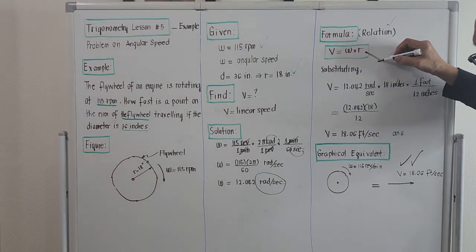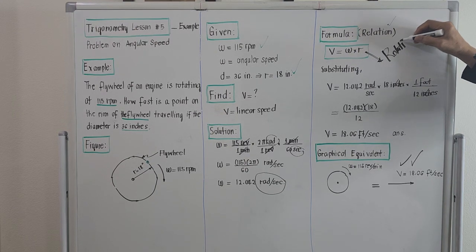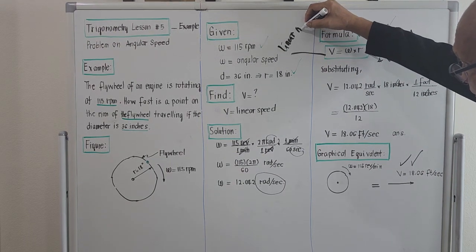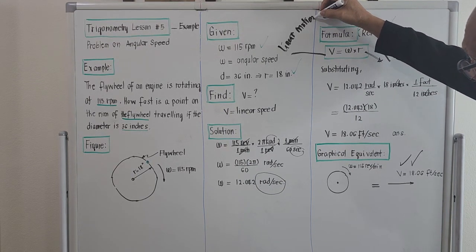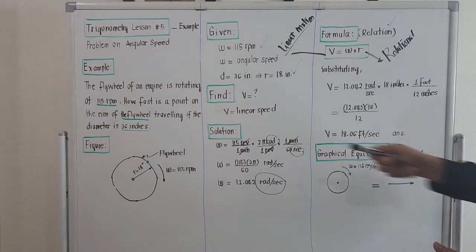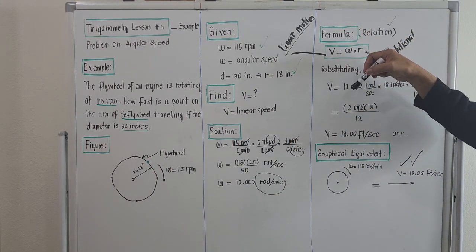The right hand side is a rotational motion, and the left hand side is a linear motion. Linear motion means it's a motion in a straight line. The right hand side is angular rotation.